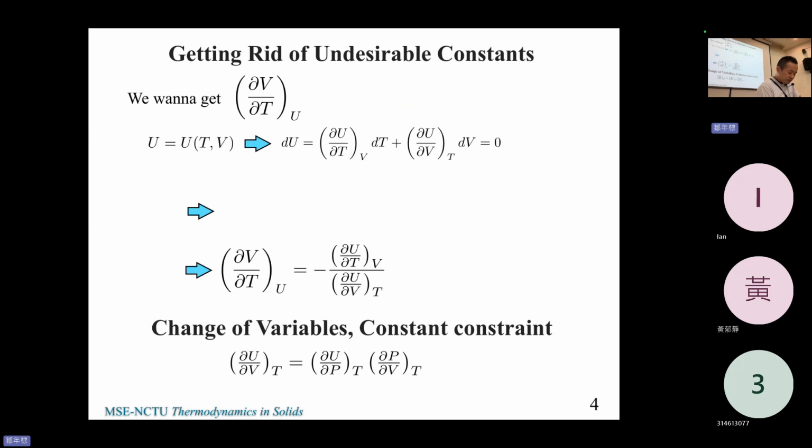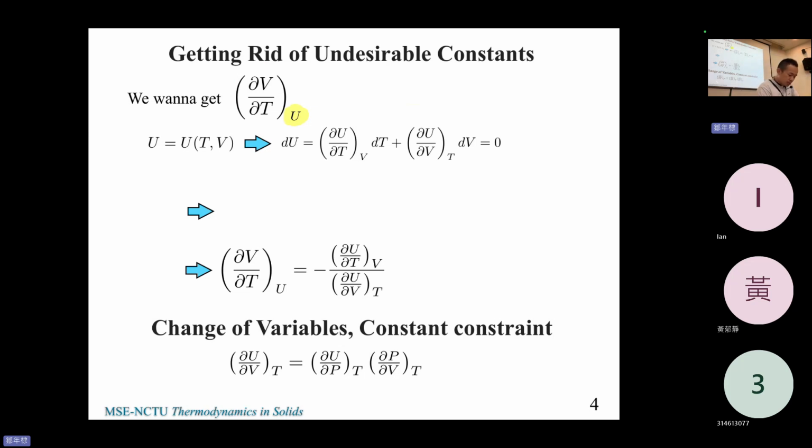Next, another thing is that we want to get rid of undesirable constants. For example, partial v over partial t at constant u. Here u is an undesirable variable held constant. How can we fix the internal energy of a system? It's so difficult.